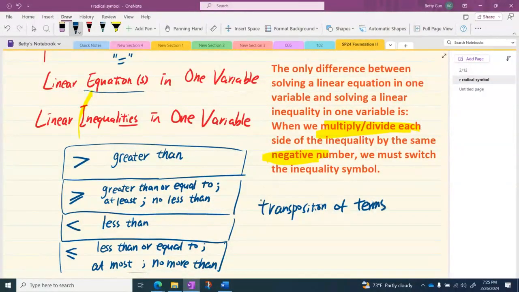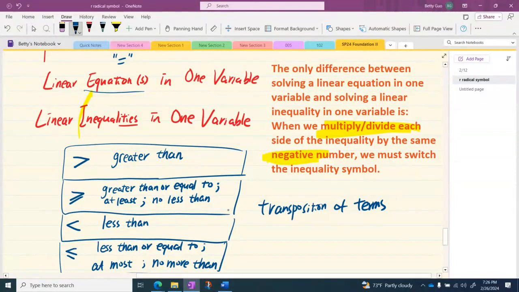This technique still applies when we solve a linear inequality in one variable. We use that technique to collect the like terms. Everything else is the same. The only difference is when we multiply or divide each side of the inequality by the same negative number, we must switch the inequality symbol.